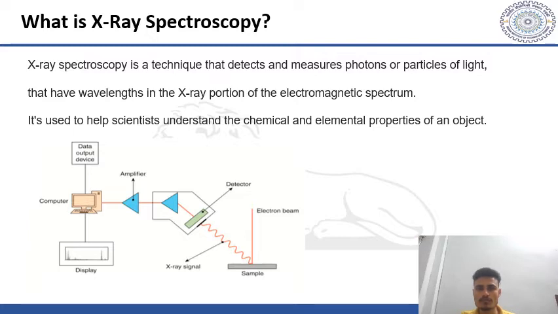The first one is Bremsstrahlung X-ray production, and the other one is characteristic X-ray production. When X-rays are emitted by the sample, the detector detects this X-ray radiation, it gets amplified, and the signal is shown on the computer.